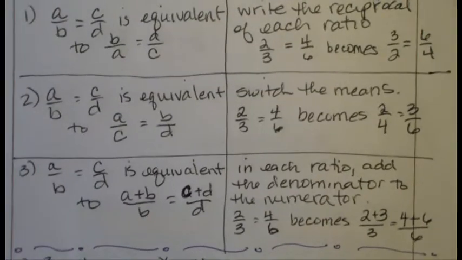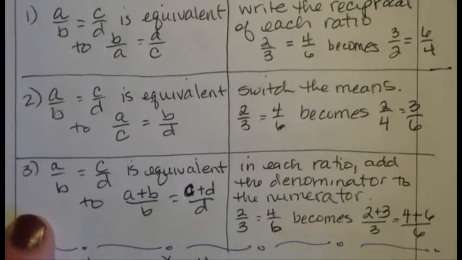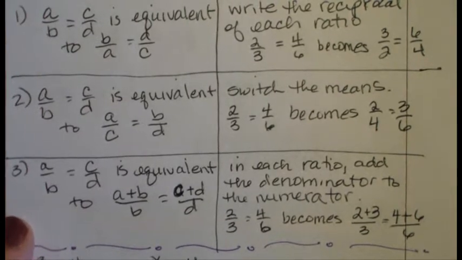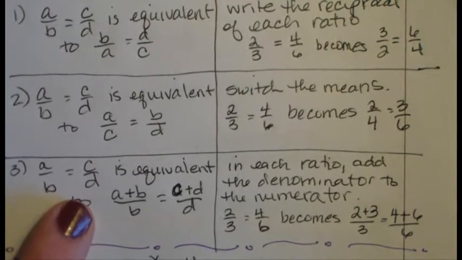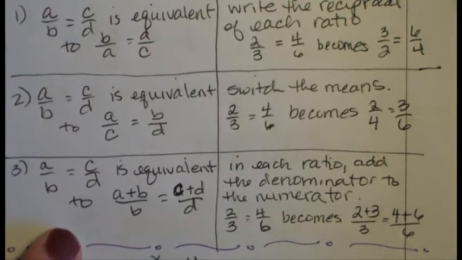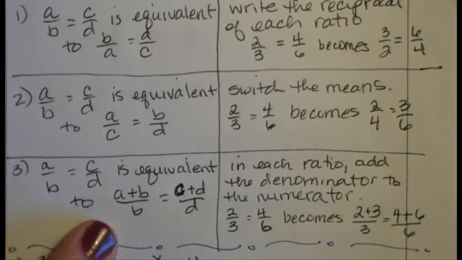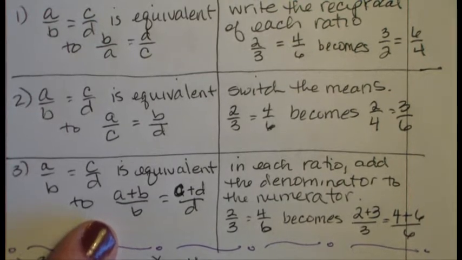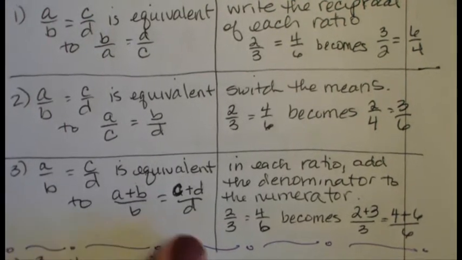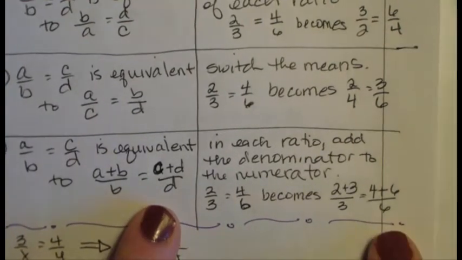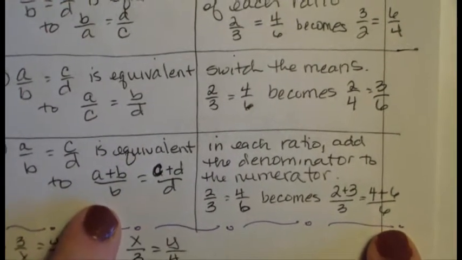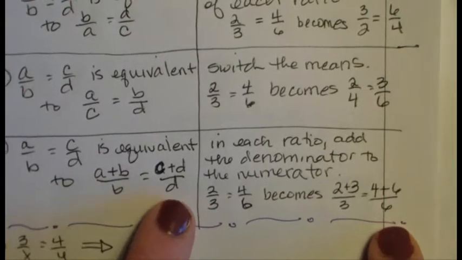And then the last one, property of proportion 3, A over B equals C over D is equivalent to A plus B over B equals C plus D over D. For this one, you're going to take whatever's in the denominator and add it up on top on each side.